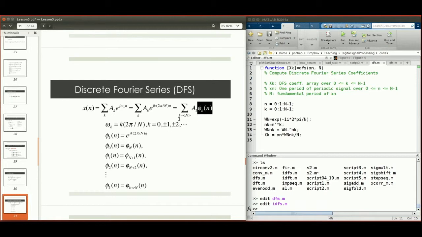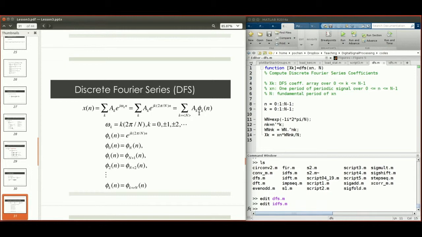That's one possibility, or k can start from 1 and end with big N. It doesn't really matter where the starting or ending value is, as long as it has a sequence of big N non-repeating, continuous integers, then you have sampled through all the possible unique values of phi k, right?